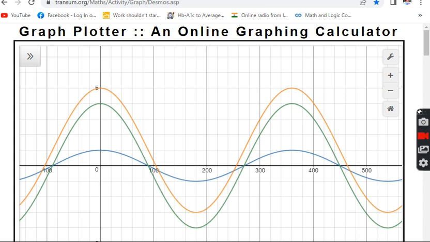So this is the verification, and you can see that the top one red curve is y is equals to 4 cos x plus 1. Then the green one is y is equals to 4 cos x, and the blue one is y is equals to cos x.